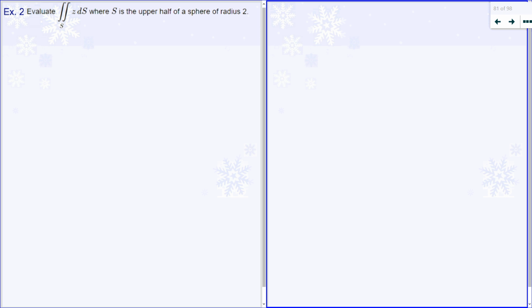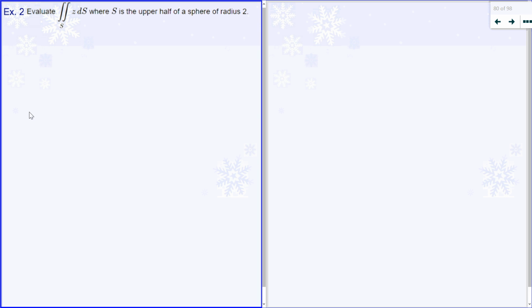So we're going to evaluate the surface integral of z with respect to the surface, so that's dS, where S is the upper half of a sphere of radius 2. So again, in my mind, one of the most challenging things is determining how to parameterize. Any thoughts for this one? How would we parameterize the surface, which is the upper half of the sphere?